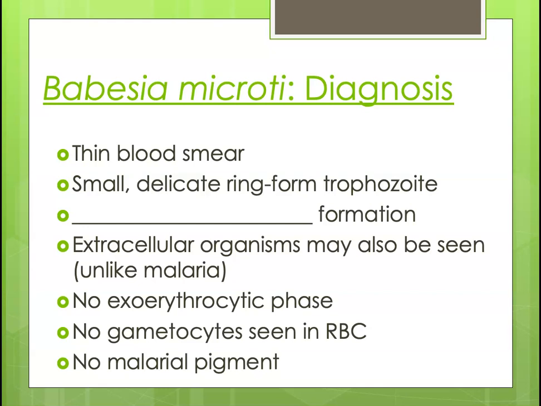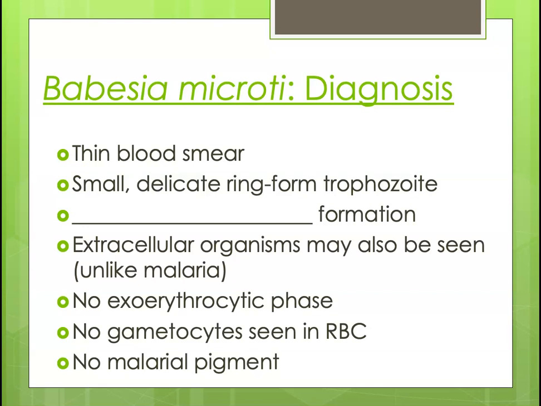And it is especially important to be able to differentiate it from malaria because it can look very similar. It has that small, delicate ring-formed troph, but what's distinguishing is that it has a tetrad formation for the mature trophozoites.